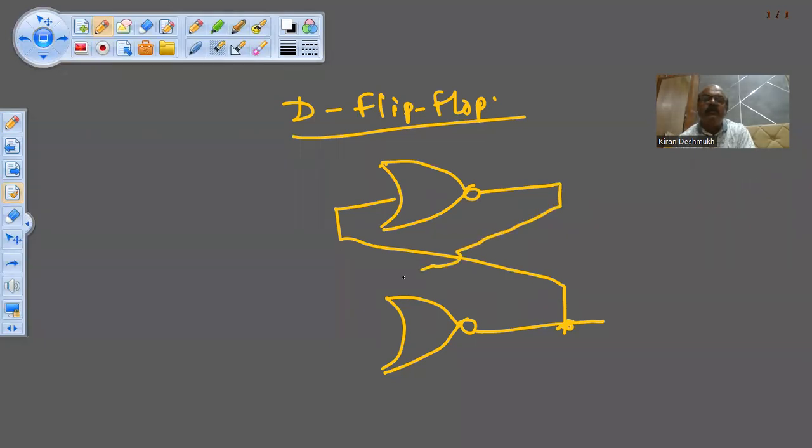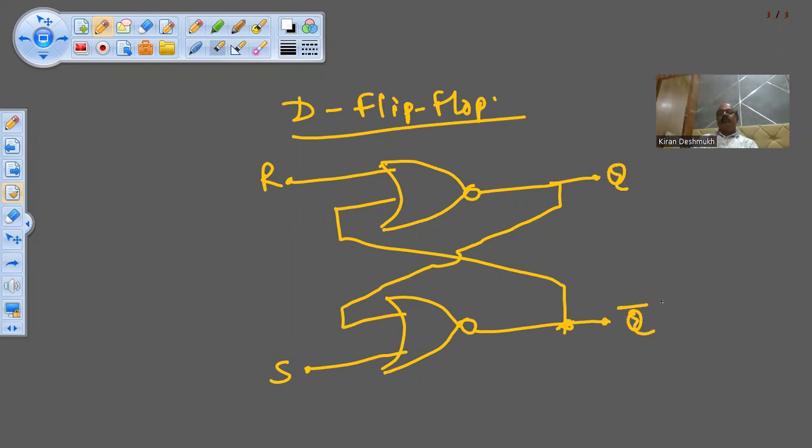There is no difference. This is R input and this is S input. This is Q output and this is Q bar output. This is your simple RS flip-flop.